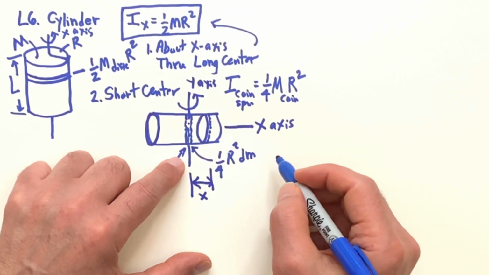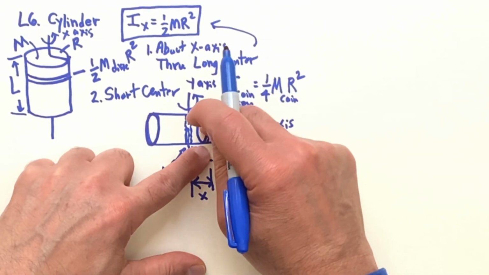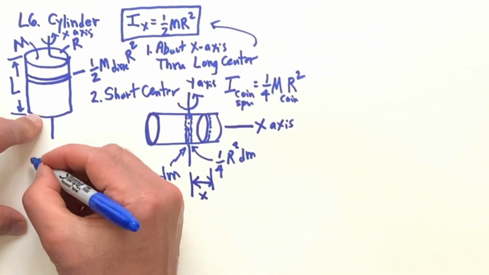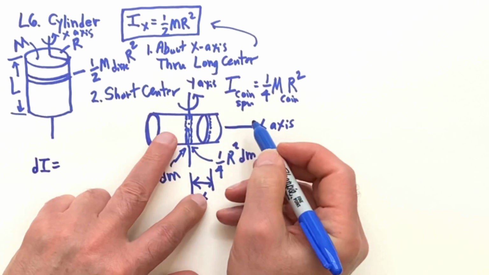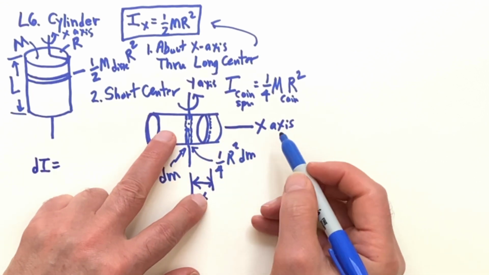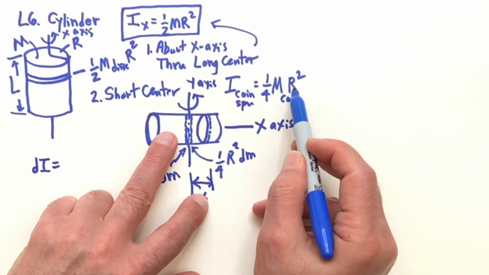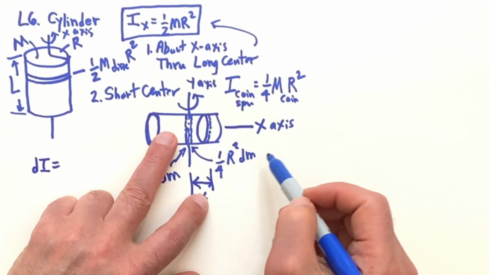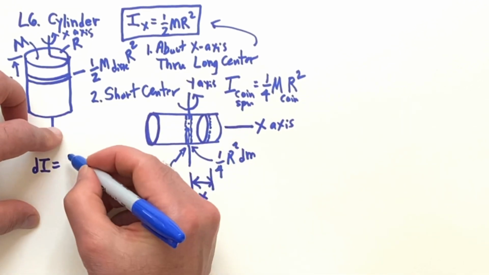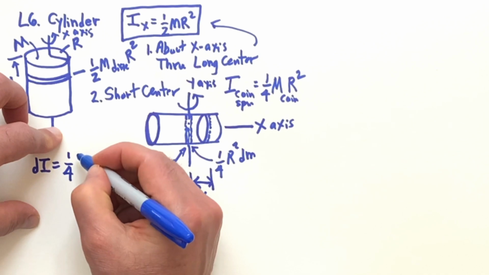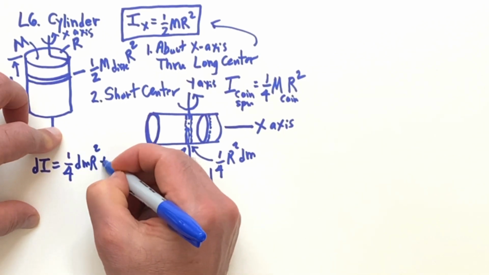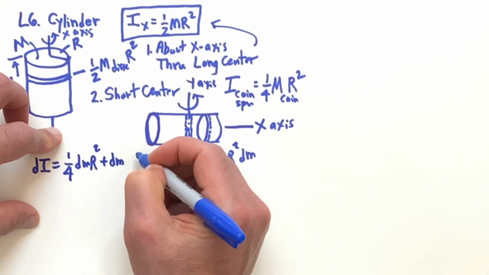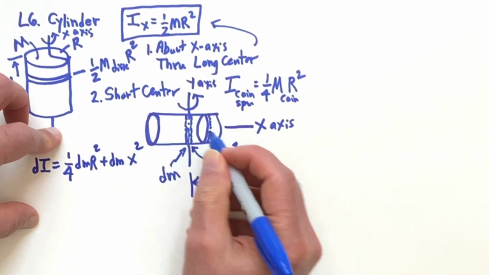So this contribution to the moment of inertia, I'll call it dI, is going to be equal to the 1/4 dm R squared, plus kicking the dm out a distance x.